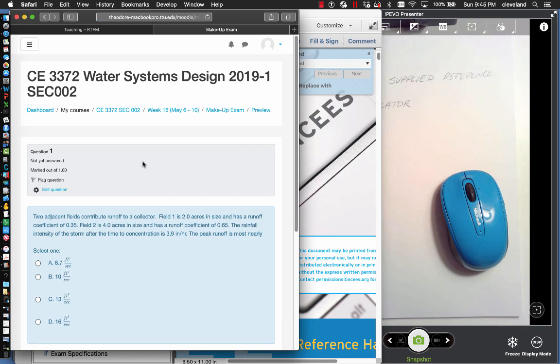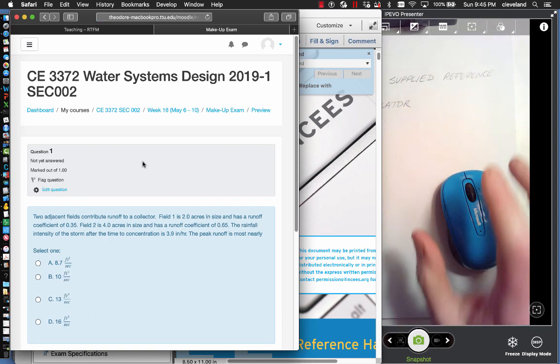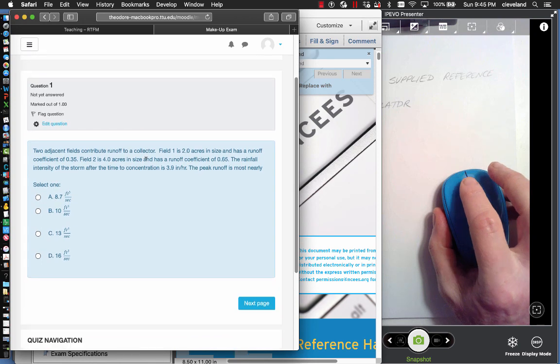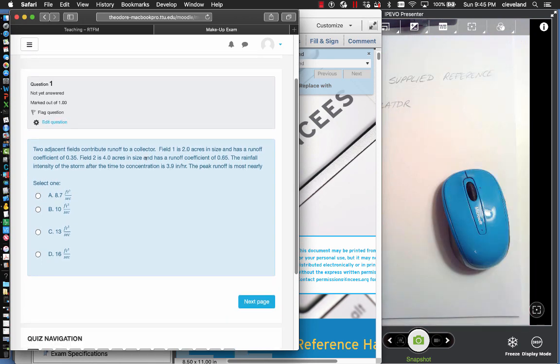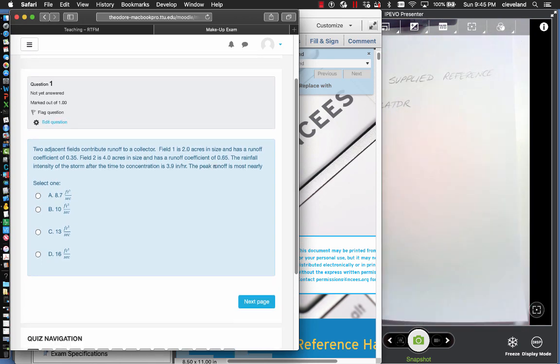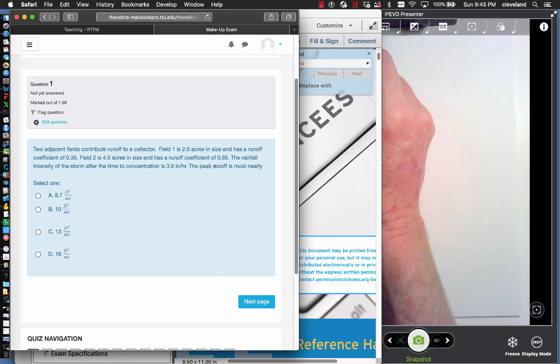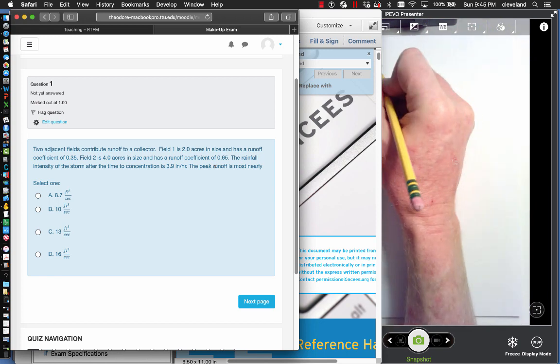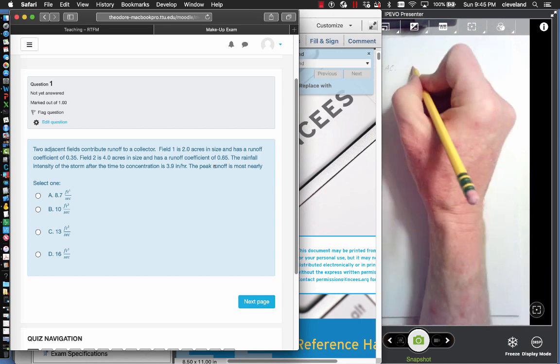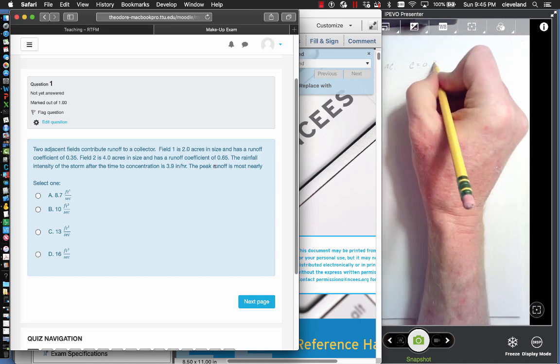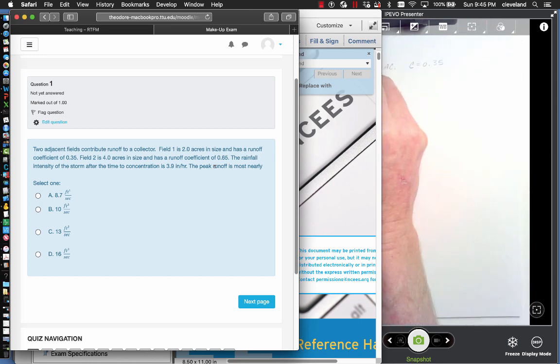Our first question is: two adjacent fields contribute runoff to a collector. Field 1 is 2 acres with a runoff coefficient of 0.35.